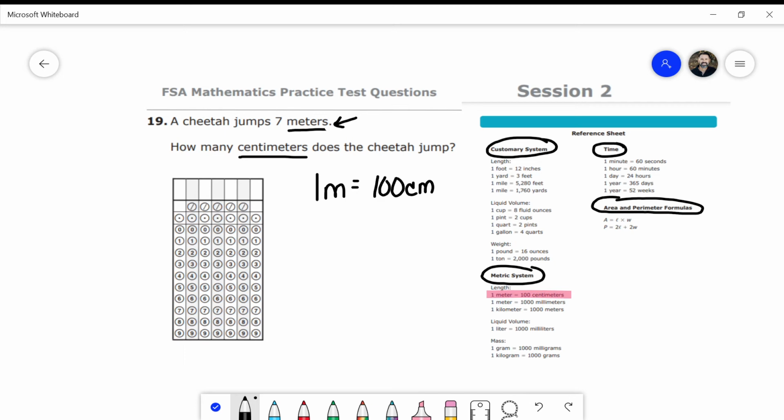And I'm trying to figure out how many centimeters are in 7 meters. If I repeat another meter, so now I have 2 meters, and just keep repeating the pattern of 1 meter equals 100, 2 meters would equal 200 centimeters. And then a third meter, repeating the 100 again, you can see that 1, 2, 3 meters gives me 300 centimeters.